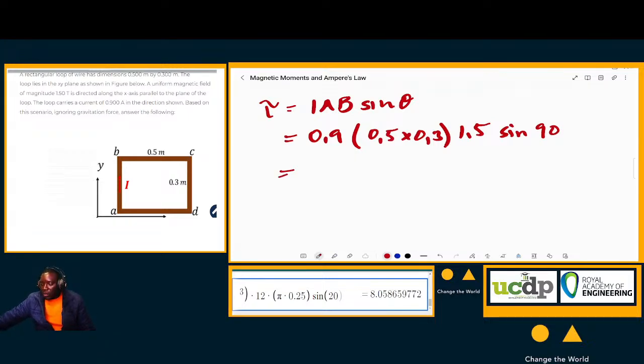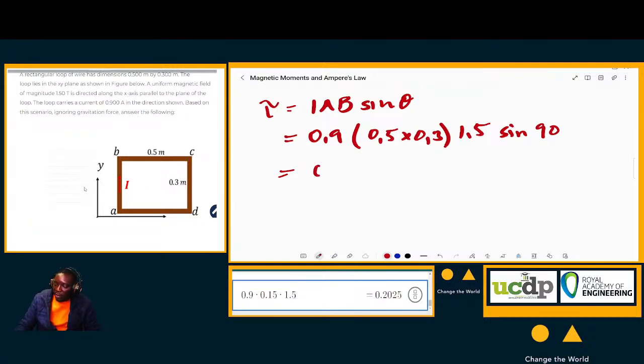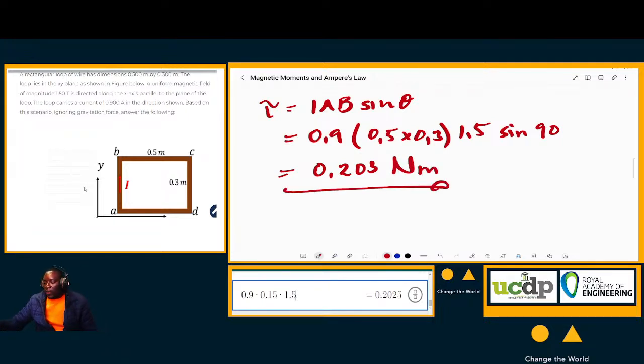So that calculation should give us 0.9 multiplied by 0.15 multiplied by 1.5. That's 0.203 Newton meters. That's the value of the torque.